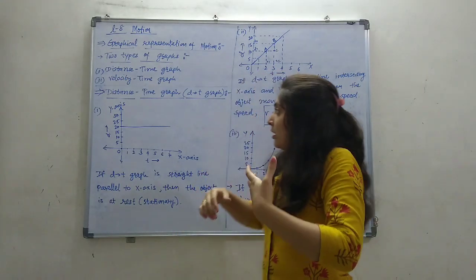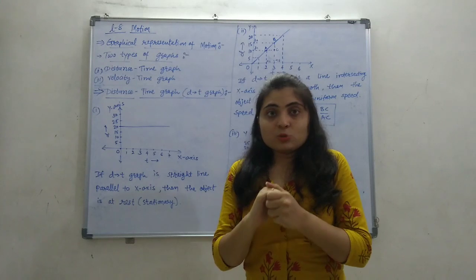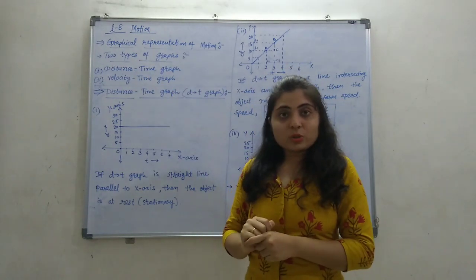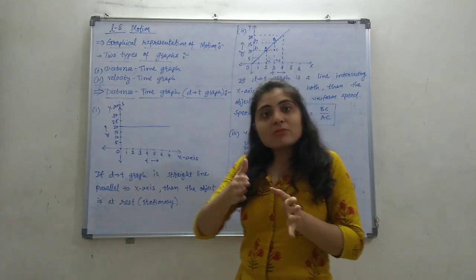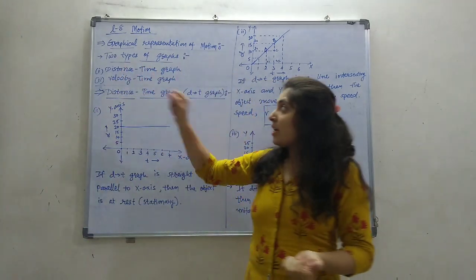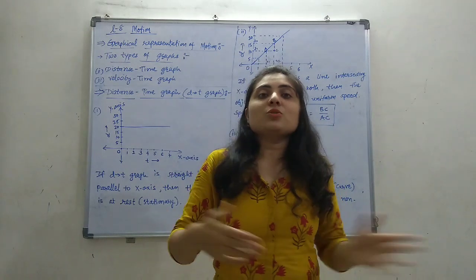Mainly there are two types of graph to represent motion. The first one is the distance-time graph, and the second is the velocity-time graph. Distance-time means how distance changes with respect to time, and velocity-time means how velocity or speed changes with time.